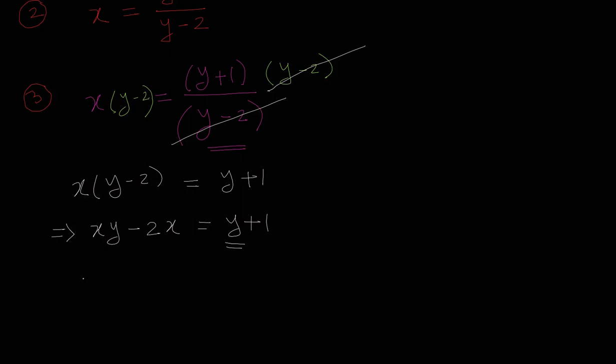I keep xy as it is, and the positive y on the other side becomes negative y when it comes to this side. The negative 2x becomes positive 2x on that side, and of course plus 1 is plus 1.